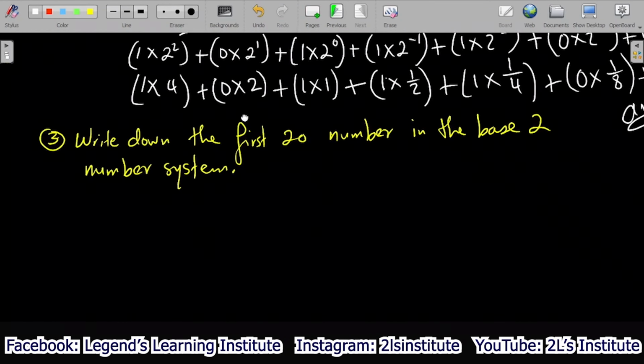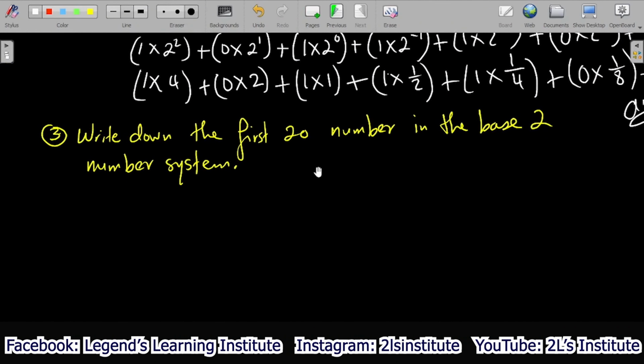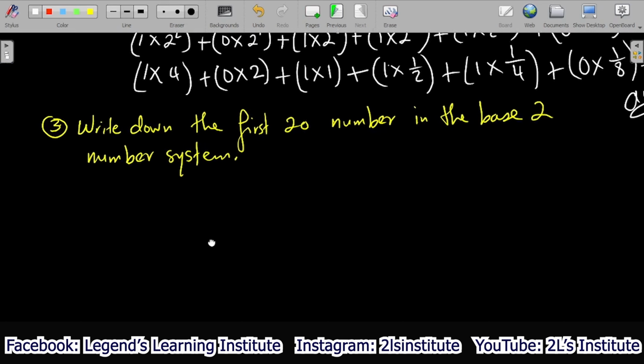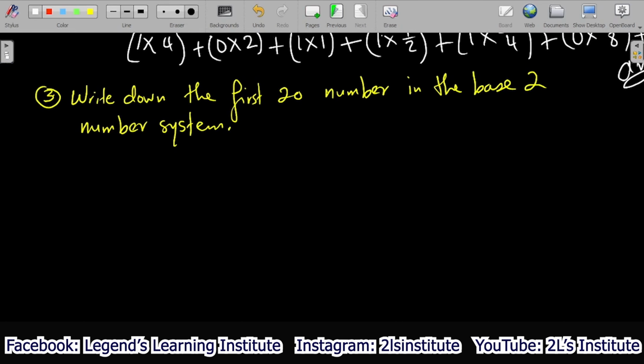Number 3, we're asked to write down the first 20 numbers in the base 2 number system. So the first one is 1, then after 1 base 2, we have 1 0, right, base 2, then 1 1 base 2, right. Remember, only 1s and 0s are allowed.